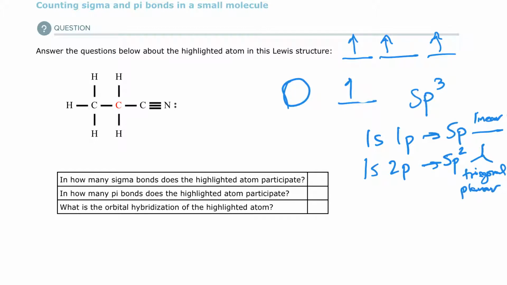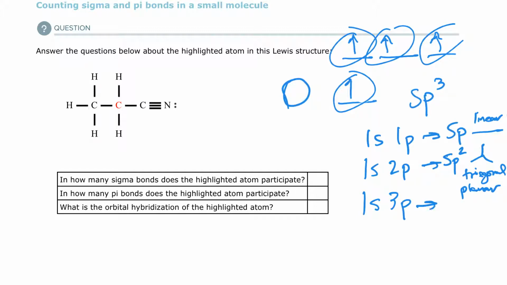So you're going to get 120 degrees, on the same plane, as far away from each other as they can be. In the case of carbon here, we had 1, 2, 3, 4 electron domains. So you're going to have 1s and 3p. You're going to get an sp3 orbital, and it's going to be a tetrahedral shape.